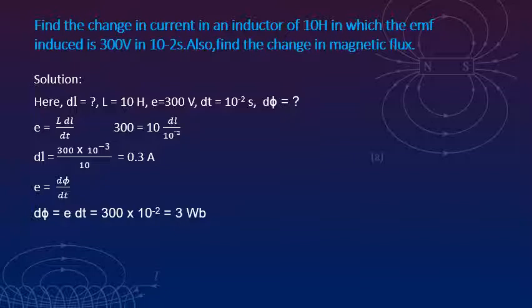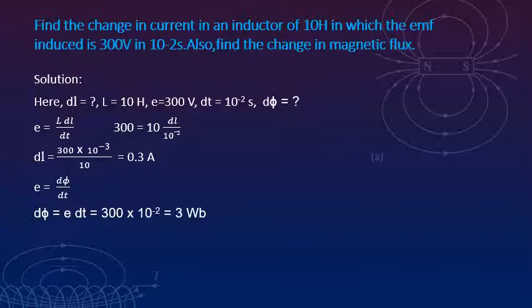Here it is given that L is equal to 10 Henry, EMF E is equal to 300 volt, the time dt is equal to 10 raised to minus 2 seconds. We are asked to calculate the change in current di as well as the change in flux d phi.